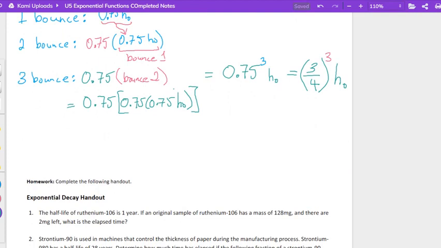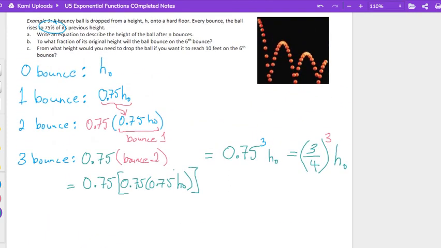So using this realization, let's write a general equation. Write an equation that describes the height of the ball after n bounces, where n is the number of bounces.